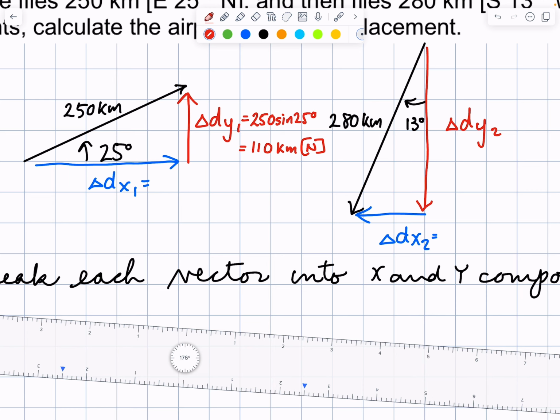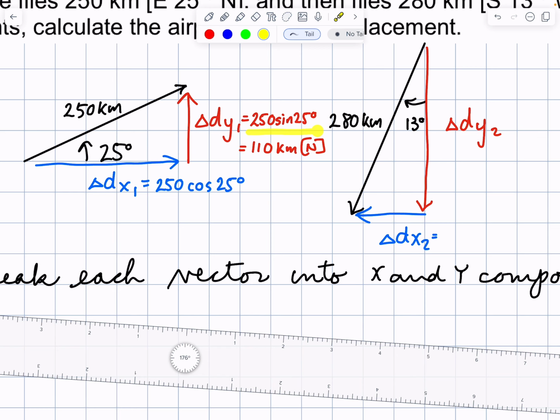If I look at the x component, it's the adjacent with respect to the angle and the hypotenuse. Adjacent over hypotenuse is the cosine ratio. So I end up with 250 cos 25 degrees. Now, I want you to look. When we found the y component, it was 250 sine 25.